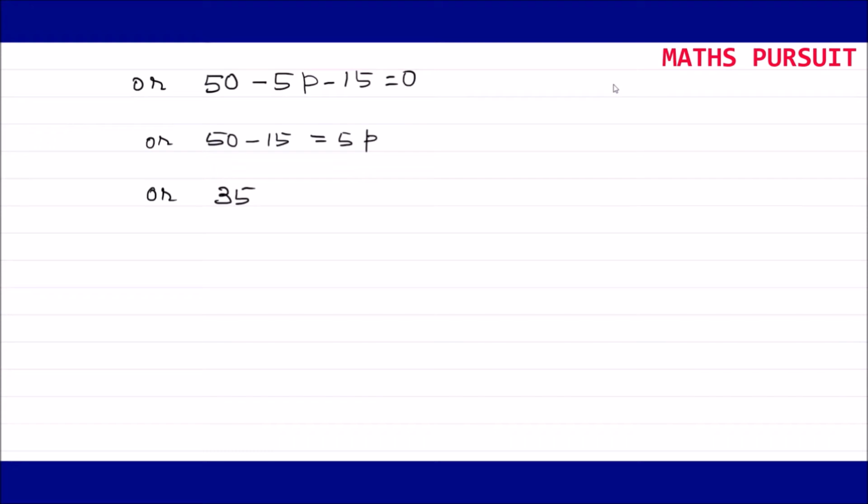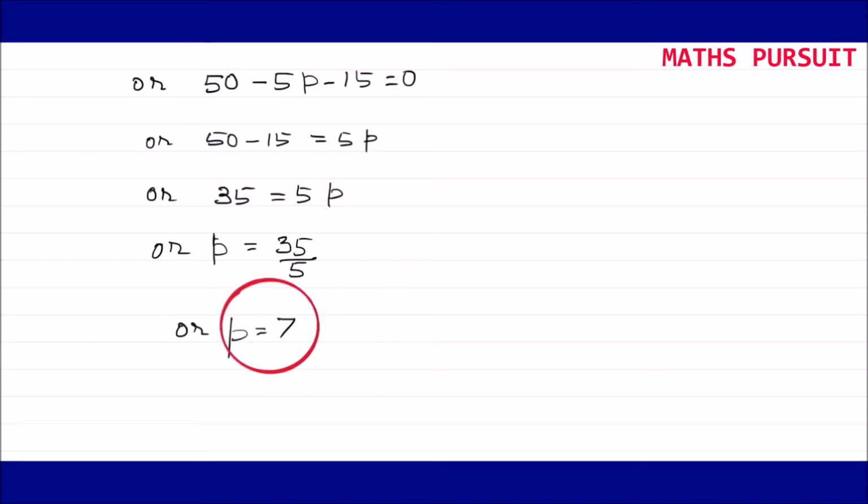Or 35 is equal to 5p, or p is equal to 35 upon 5, or p is equal to 7. So guys, you could see that we got the value of p as 7. This is one of the most important things that we are able to derive.